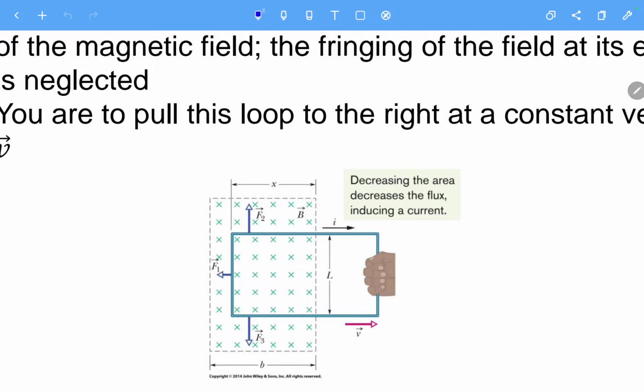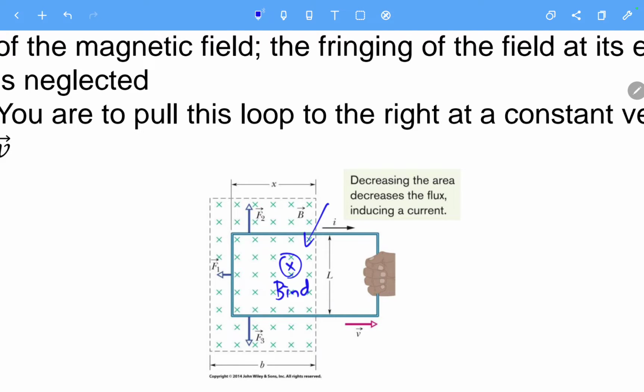Here we can see the B field is pointing into the page, and we try to drag this loop out, which means that the magnetic flux pointing into the page is decreasing, which means that B induced should be pointing into the page to compensate for this magnetic flux decrease. Okay, so this is B induced.